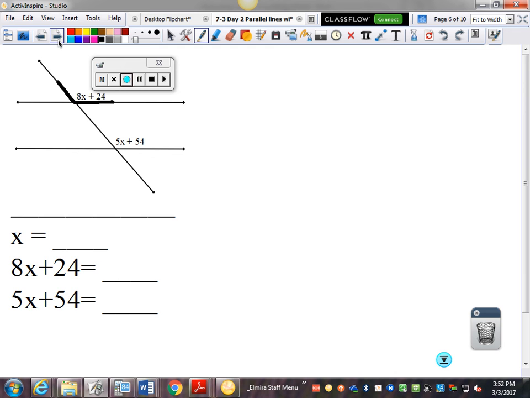Okay, back to this one. Okay. 8x plus 24 is obtuse. 5x plus 54 is obtuse. They are the same, so I will color them the same color to reinforce that 8x plus 24 and 5x plus 54 are equal. Okay, why are they equal?